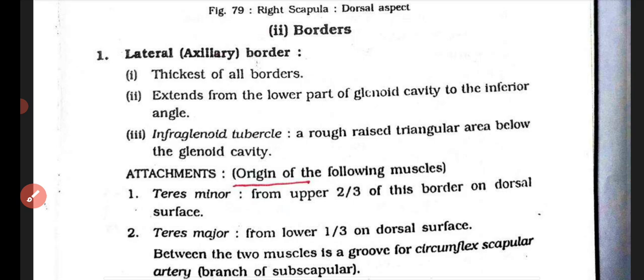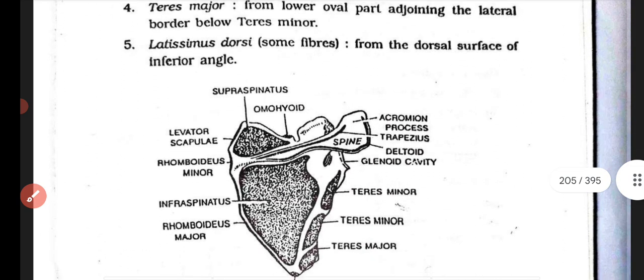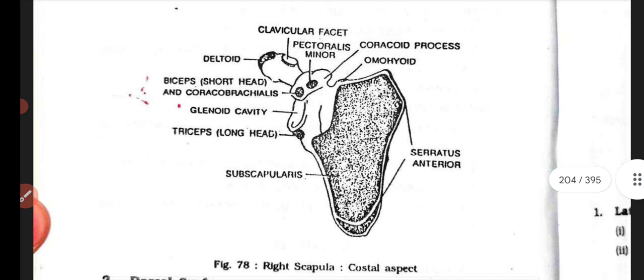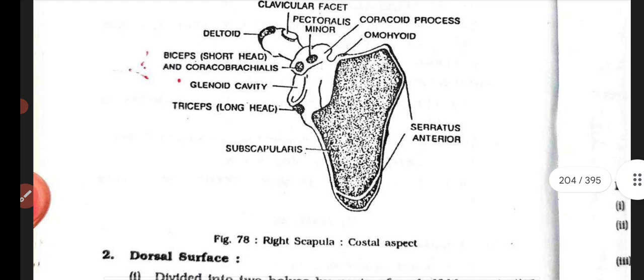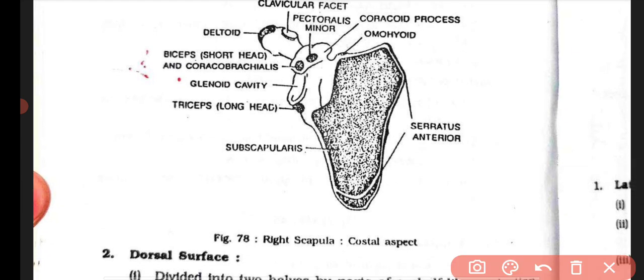Lower part of the glenoid cavity means here. This is the glenoid cavity, and this is the lower part of the glenoid cavity. It runs from the lower part of the glenoid cavity up to the inferior angle. This one is the inferior angle.